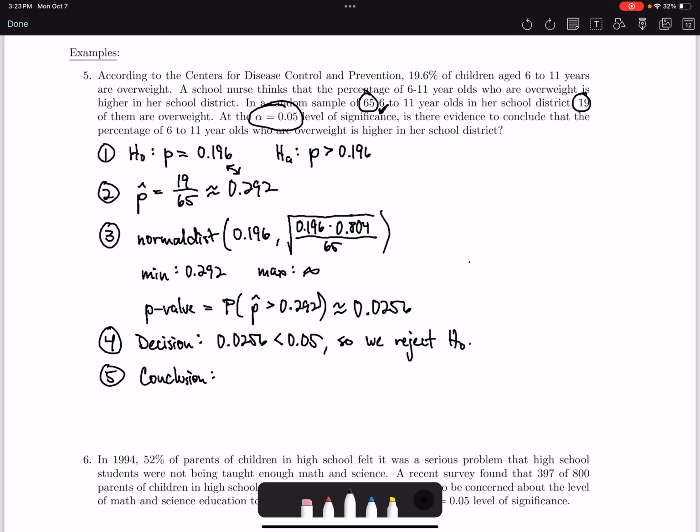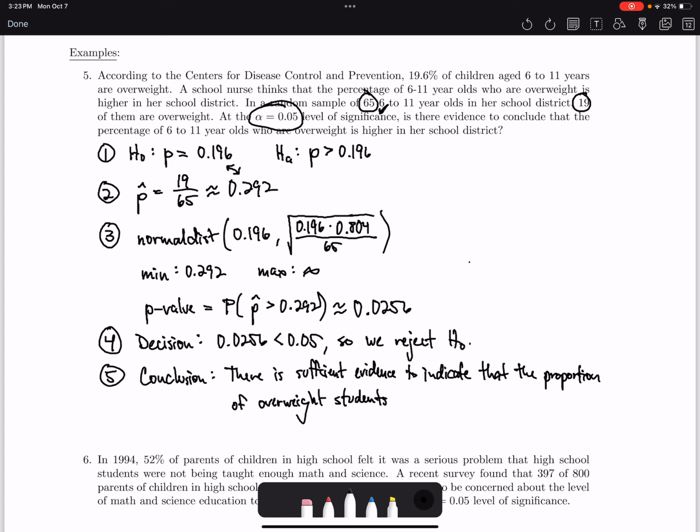So we would say there is sufficient evidence to indicate that the proportion of overweight students is higher in this nurse's district. And that's what a hypothesis test would look like from beginning to end.